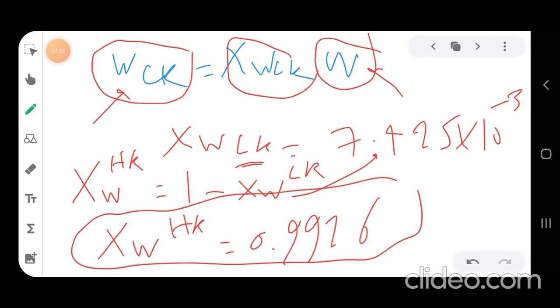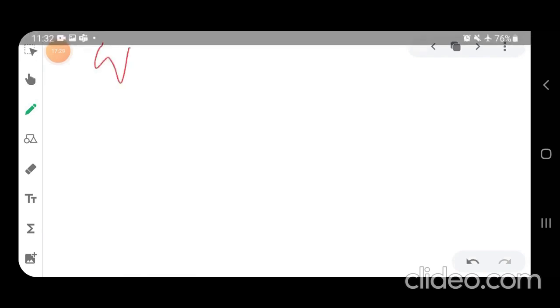We can also determine XW of the heavy key, and so we can determine W of the heavy key, the individual molar flow rate of the heavy key, which will be just the composition of the heavy key in the waste multiplied by the total waste flow rate.